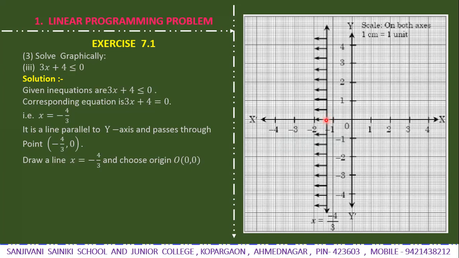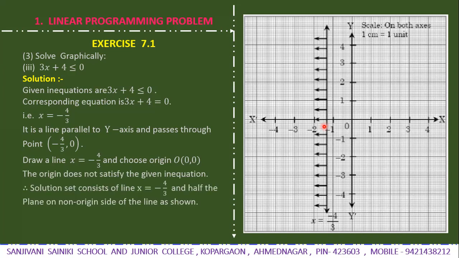Now if you put 0, we get 3 times 0 is 0, 0 plus 4 is 4, and 4 is less than or equal to 0, which is wrong. 4 is not less than or equal to 0. So the solution set of this inequation doesn't contain the origin. So we get the non-origin side of this line as the solution set.